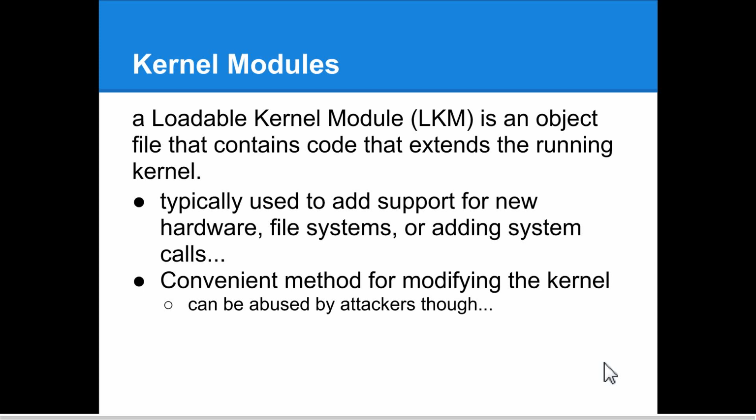Kernel modules are ways things run at ring 0, 1, and 2, and can be loaded and unloaded without restarting the kernel. So it's a way to modify the kernel without restarting and rebooting into the kernel again. It's typically used to add support for new hardware, file systems, or adding system calls, and is convenient for modifying the kernel.